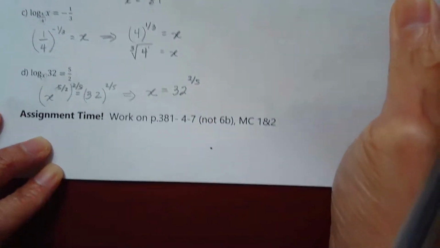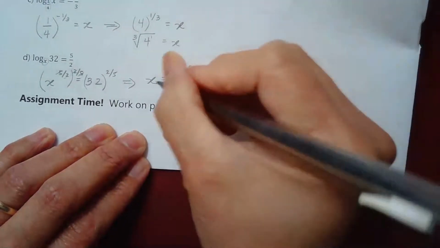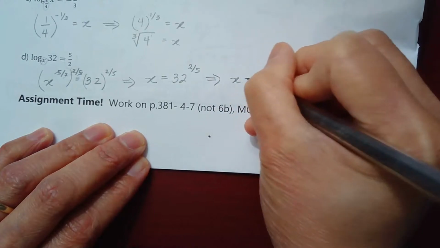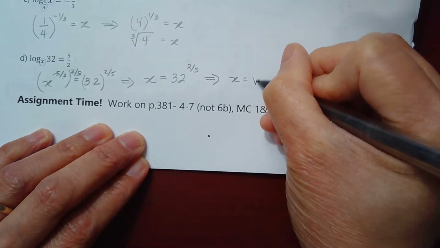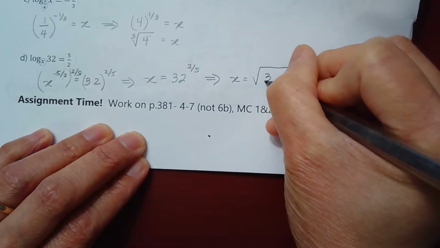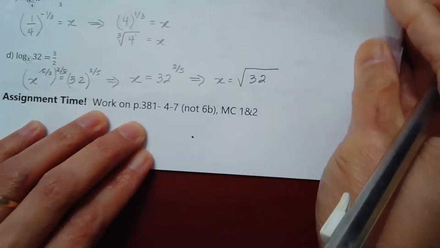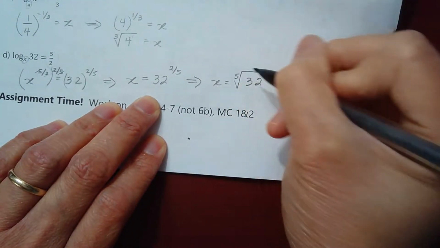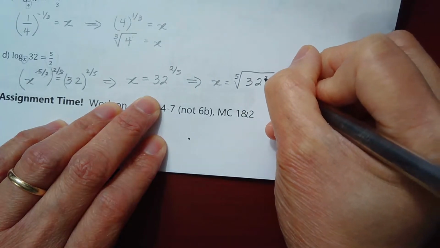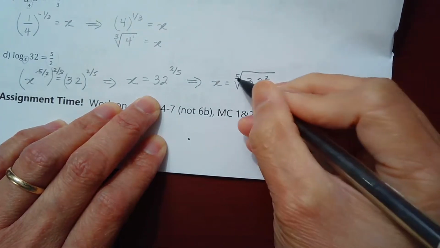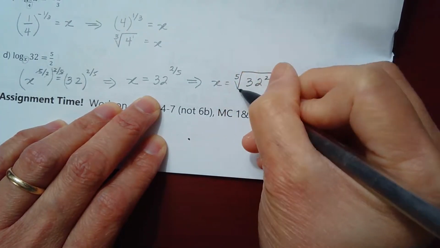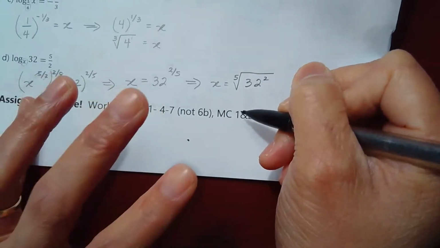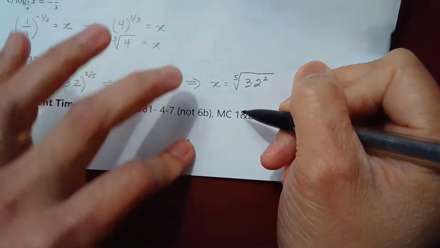Okay, so what does that mean? This means x is equal to, the radicand is 32. The index for the radical is 5, and the power is 2. So the fifth root of 32 is 2. 2, 4, 8, 16, 32.